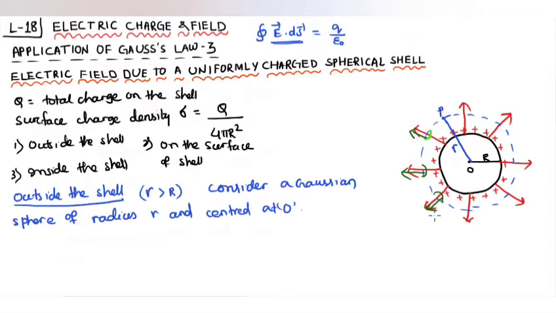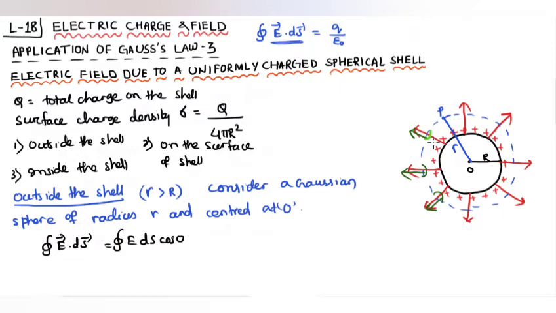So the angle between E and ds is 0 degree. Now the integration will be very easy for us. The closed surface integration of E dot ds will be how much? That is equal to the closed surface integration of E ds cos 0.